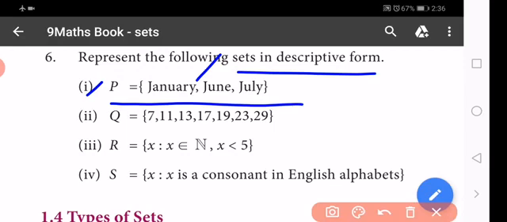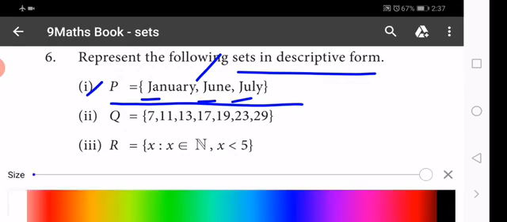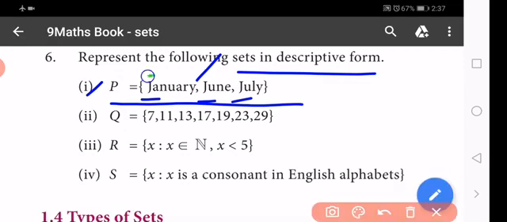But here we use only the letter starting with J. Then how to write the set of English months? The set of English months starting with the letter J. That's all.